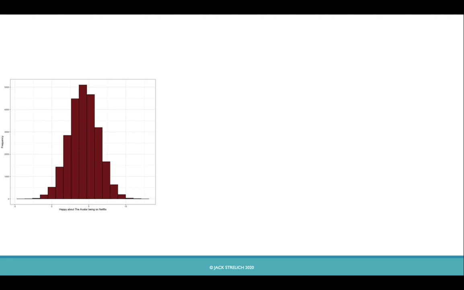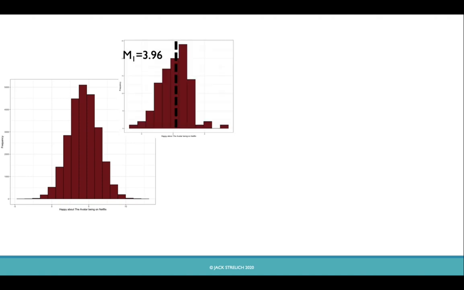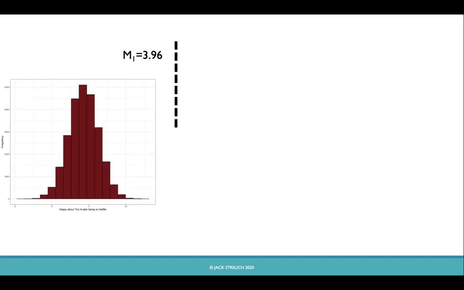So now, I'm going to draw a series of samples from this population with replacement. Each sample will consist of 100 students. In other words, n equals 100. So, from our population, I draw a sample. I find the mean. In this case, our mean is 3.96. And I then throw it back in the population, having recorded that mean.